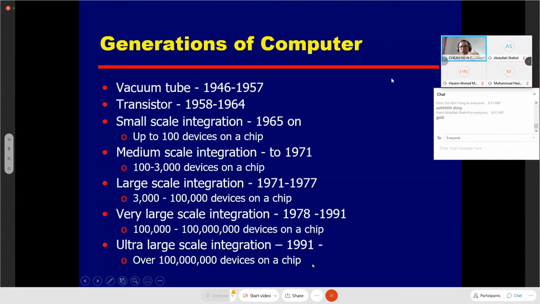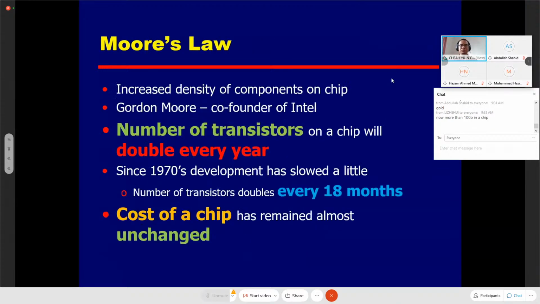Now, in modern day computers, from 1991, year 2000, now it is 2020 already, there are hundreds of thousands or millions of these components on a single chip. So there is a progression on how many components we can pack on that single chip, and that brings us to Moore's law.